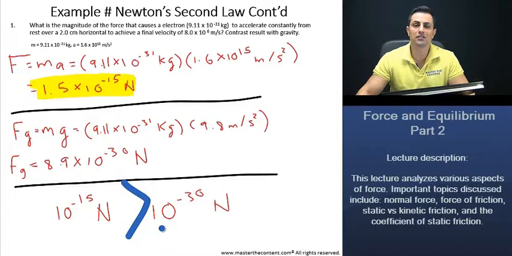You can even say that the force of gravity here is negligible. And just to further our discussion, whenever you have questions regarding atomic processes, you're always going to find that the force of gravity is going to be negligible. So that was the point there. Okay, great. Now let's move on to the second part of the question.